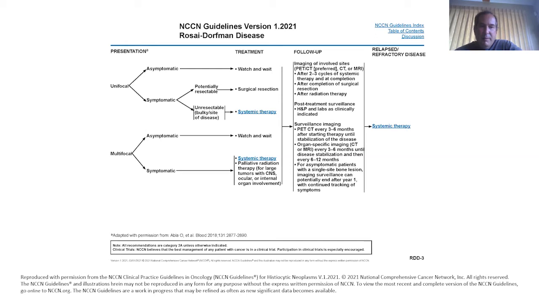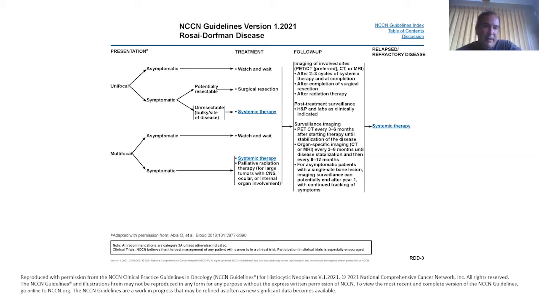Repeating the theme in the previous two guidelines, again, for many patients, whether they have multifocal or unifocal disease, if they're asymptomatic and there's no danger of organ compromise, then watchful waiting is perfectly appropriate, and spontaneous remissions are well described in RDD, and patients will sometimes improve on their own without any intervention. For unifocal disease that can be resected, surgical resection is often performed as long as the morbidity from the resection itself is not unacceptable.